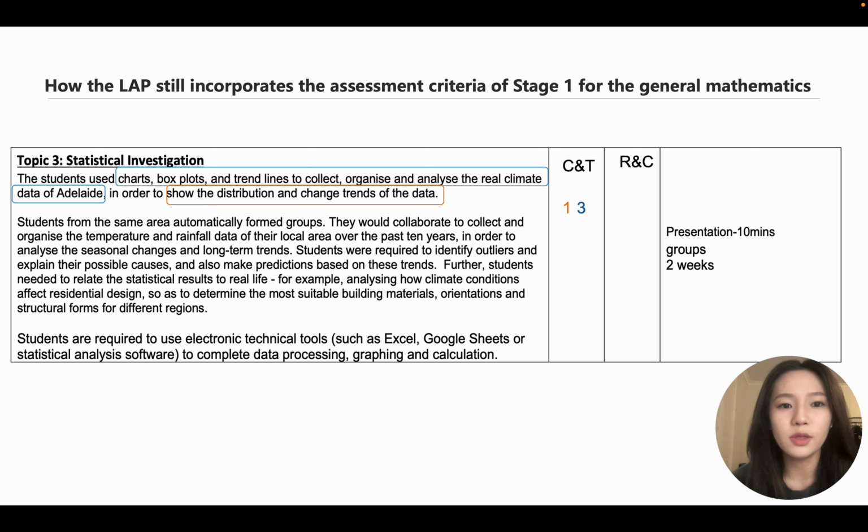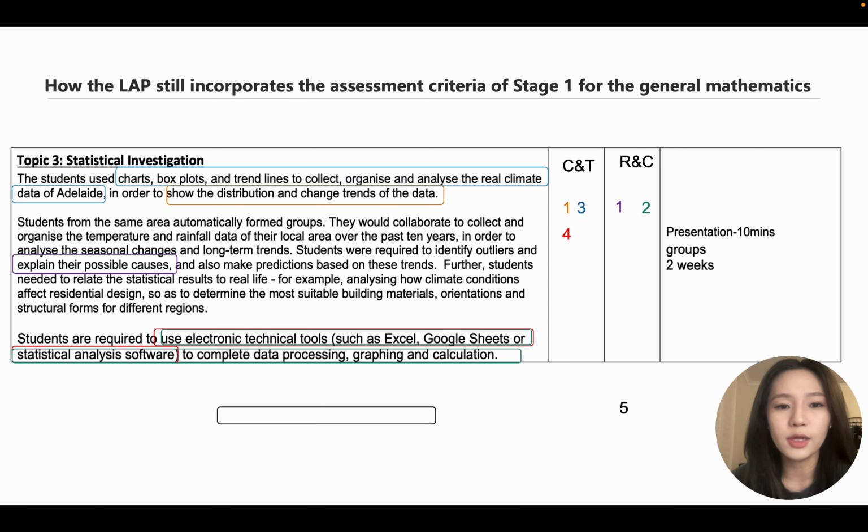CT3 happens when they use various models, and CT4 is achieved through Excel for data processing. For the reasoning and communication criteria, students interpret graphs for RC1, draw conclusions for RC2, and predict the climate pattern for RC5.